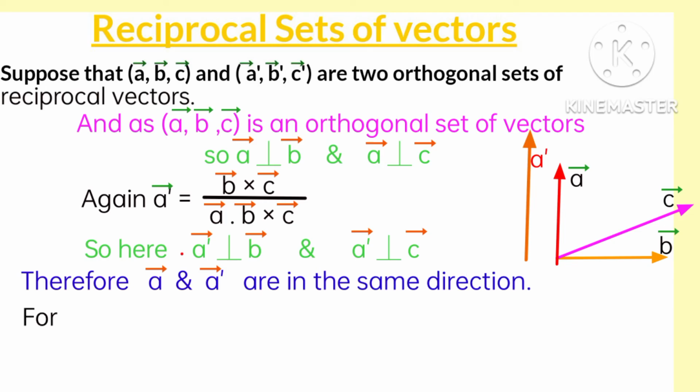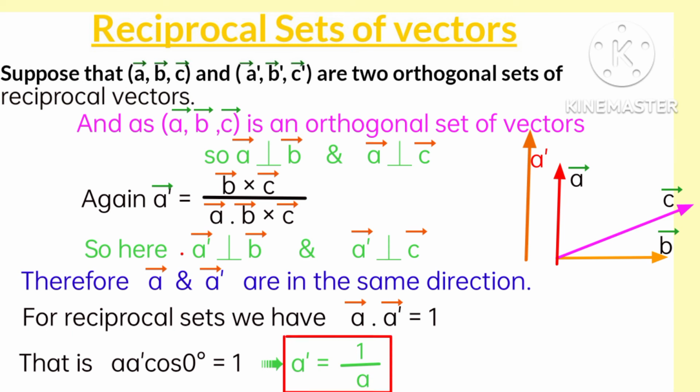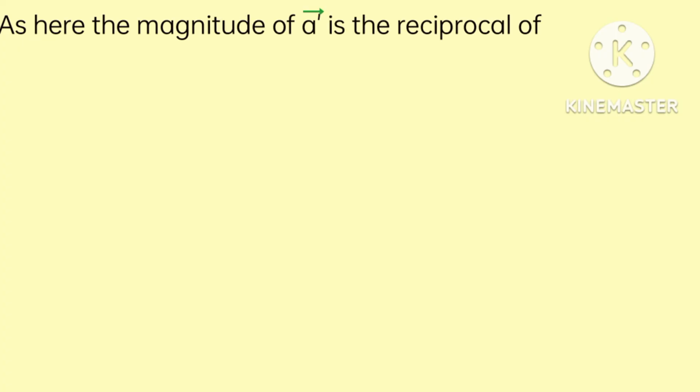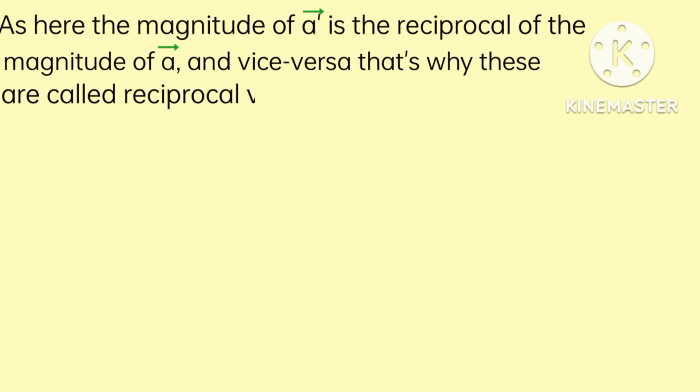For reciprocal sets we have A dot A' equals 1. Therefore, A' cos 0 equals 1, so A' equals 1 upon A. Here the magnitude of A' is the reciprocal of the magnitude of A and vice versa. That's why these are called reciprocal vectors.